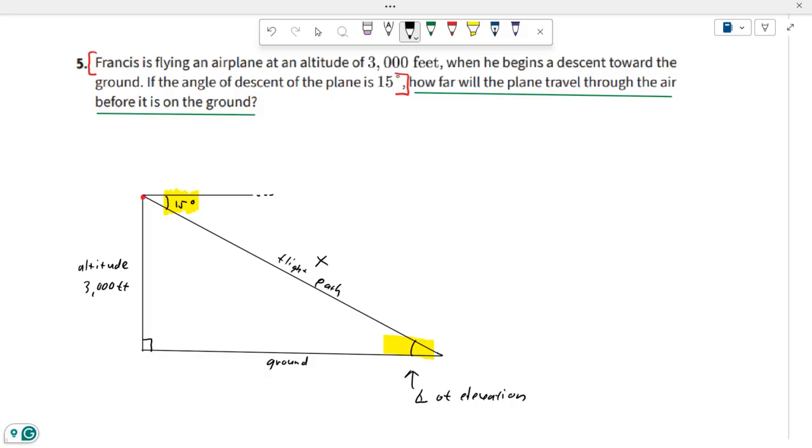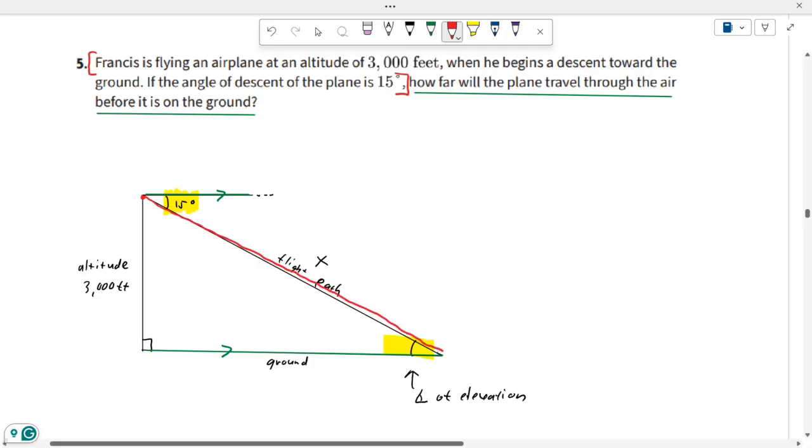The angle of elevation goes up, and the angle of descent goes down. You may notice that both the ground and this horizontal line up top are parallel, which means we have 2 parallel lines right there in green that are cut by a transversal in red.